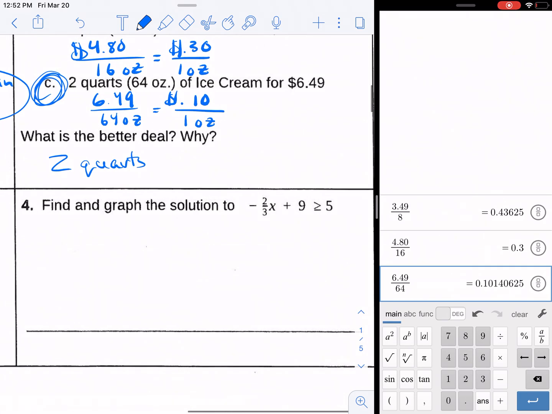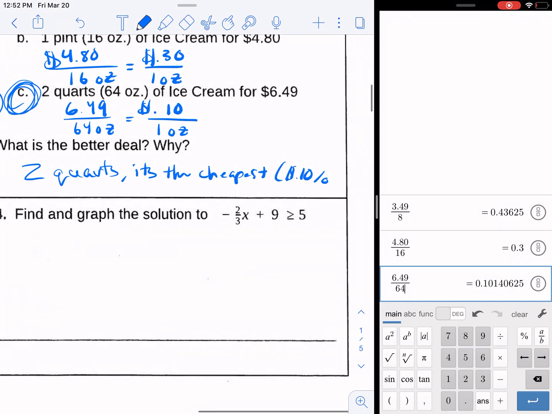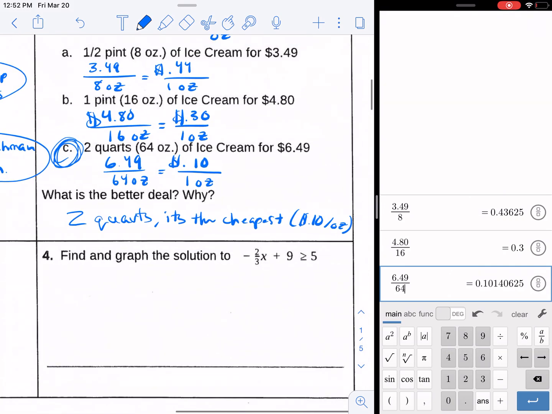Why? Well, it's because it's the cheapest. And then, of course, it's 10 cents per ounce. All right, so that was number 2.